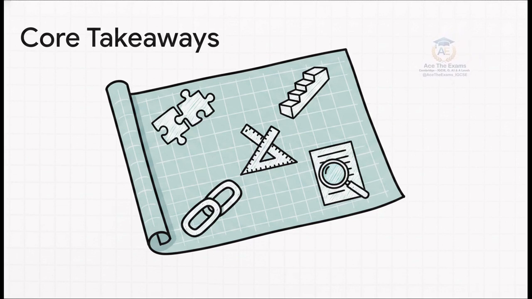Rule 3. Follow strict presentation conventions. Rule 4, and perhaps the most absolutely crucial rule of all, always link your answers to the specific real-time scenario they have given you in the prompt. And finally, Rule 5, demonstrate evaluative thinking and justify every single decision with evidence. This is your cheat sheet. This is your blueprint. This is how you guarantee top marks.